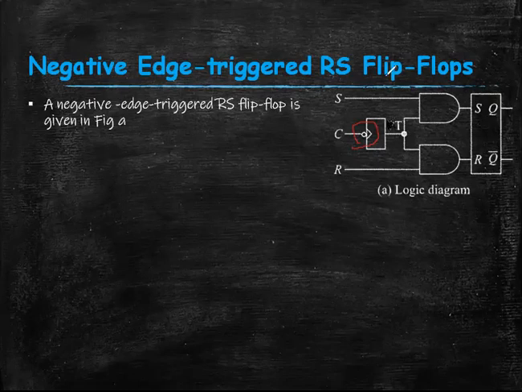That is, it is negative, that means here it is negative edge triggering, and we can represent it as NT.